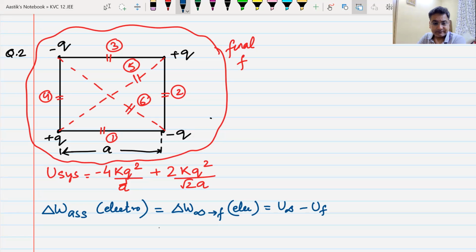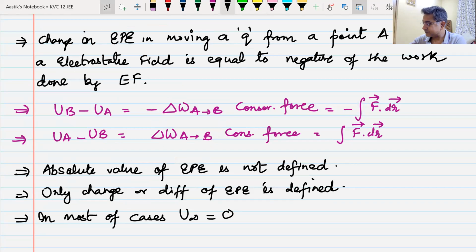See here. UA minus UB, initial minus final, is work done from A to B, initial to final. Do you understand this? Yes, sir. A point is infinity and B point is the final configuration.